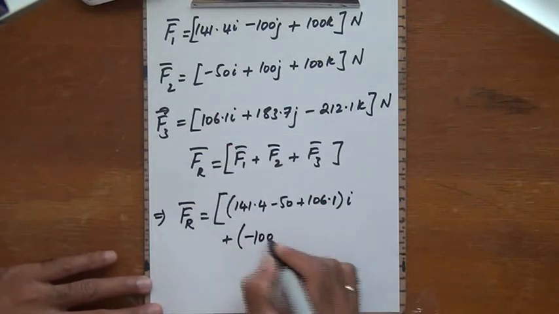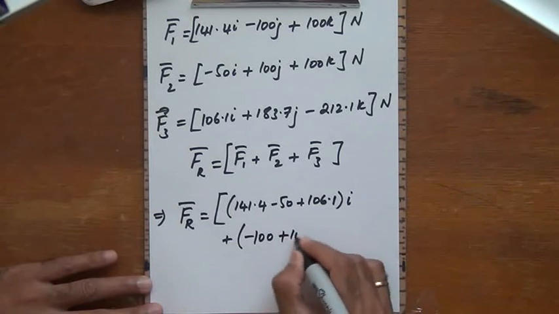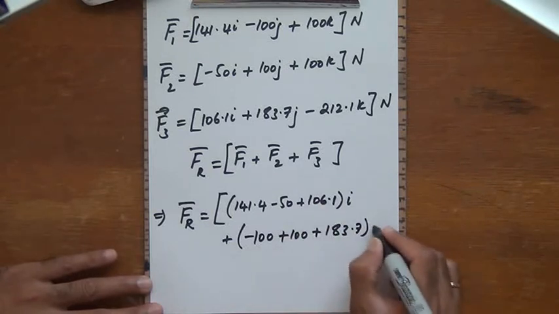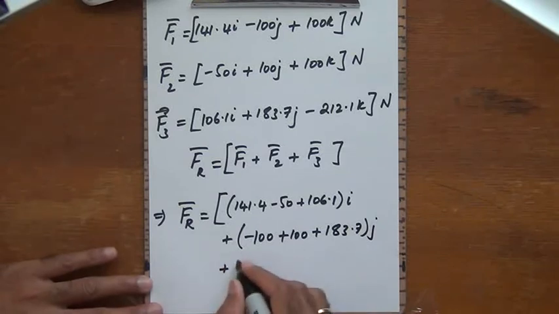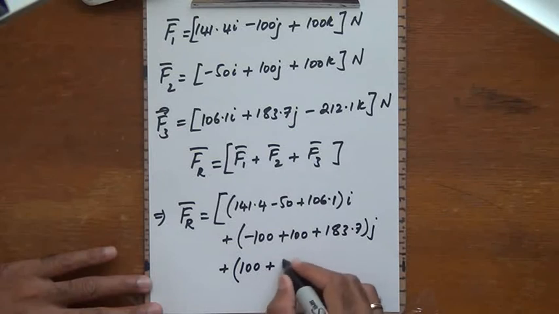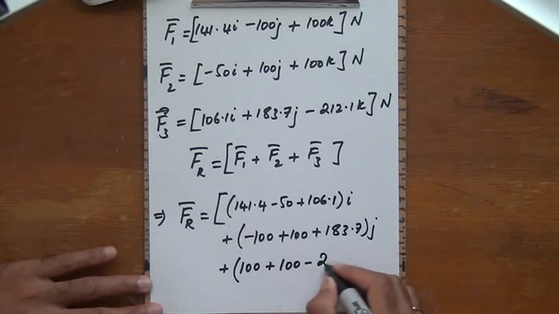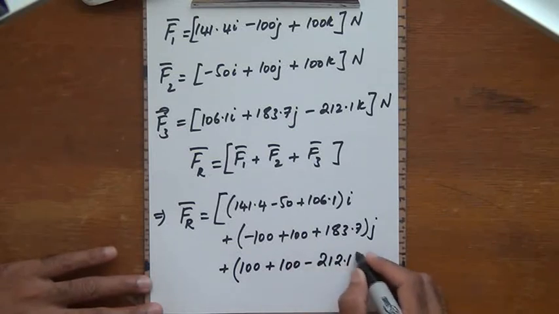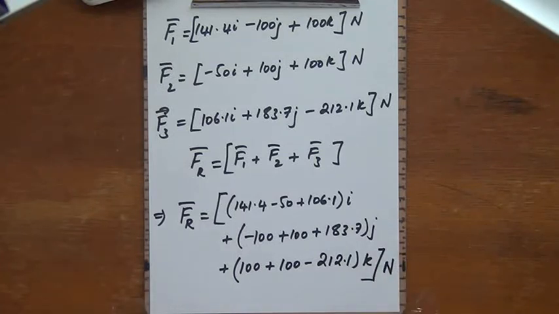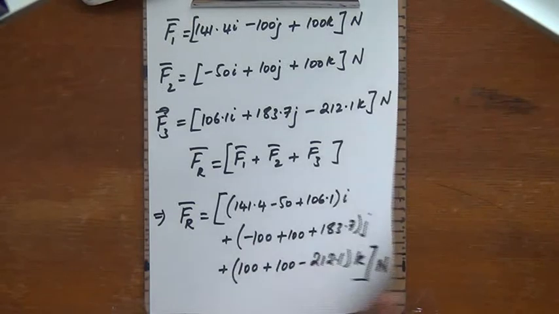I have a minus 100 from F1, a plus 100 from F2, and a plus 183.7 from F3, and then I have the k components. I have a 100 from F1, a 100 from F2, and a minus 212.1 from F3, and all of these are in newtons. And all I'm left to do is add these things up, which is our next step.